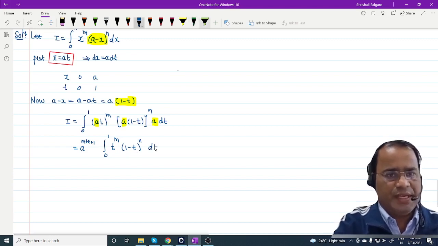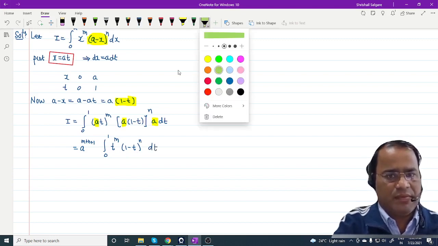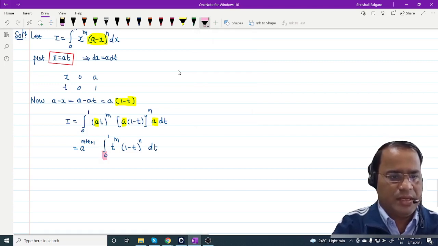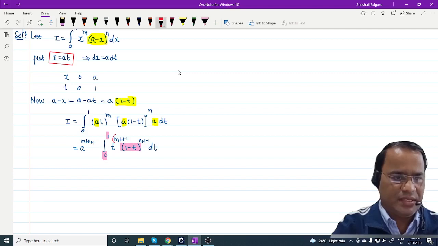Now for beta, what is my requirement? The limits from 0 to 1 and the kernel that is there. So that defines a beta function, and to write the parameters you have to make the adjustment. This can be written as m plus 1 minus 1, and n plus 1 minus 1, and it defines beta of the first parameter m plus 1 and beta of the second parameter n plus 1.